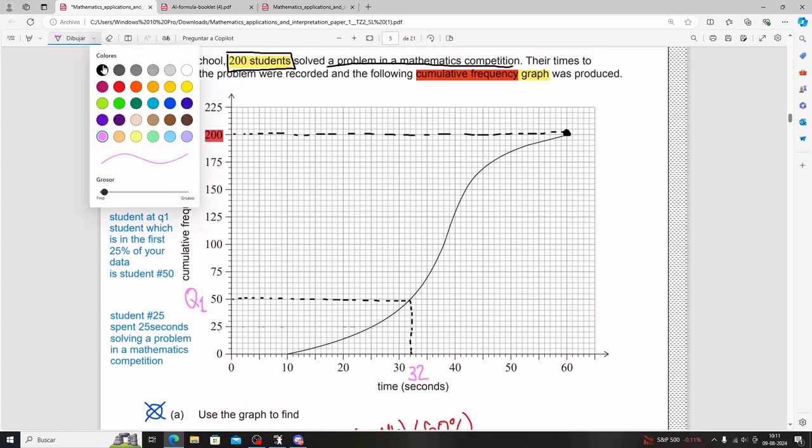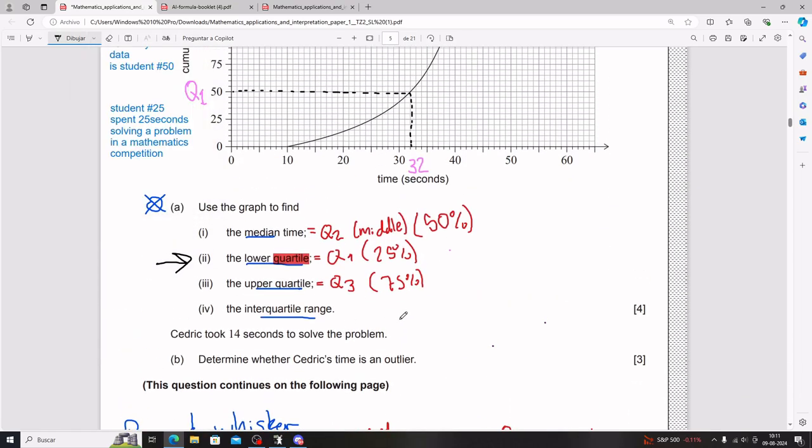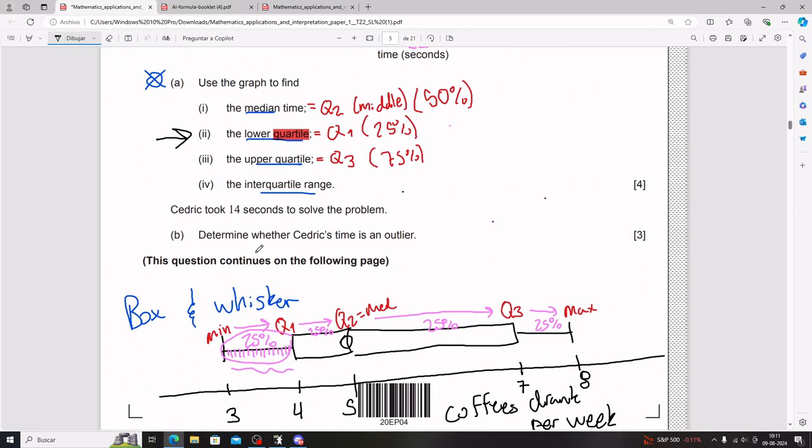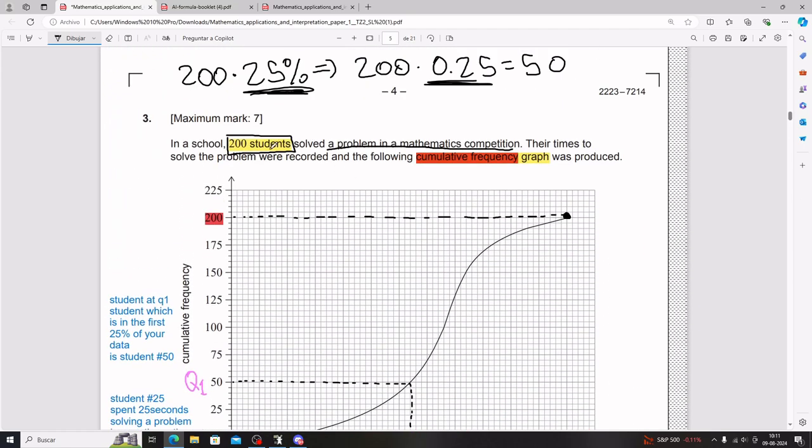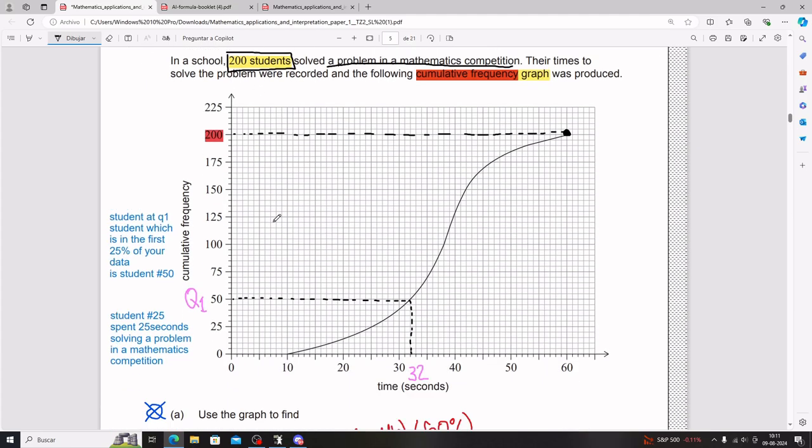On the other hand, and because we need everything, I'm just going to fill it in. The median time is going to be my Q2, as I mentioned here, right? It's right the middle of my data. If I have 200 students, the student at the middle is student number 100. So over here, I have student number 100. Then I go down from there, and this will be my Q2, which is the same as the median. And the value of that is 38.